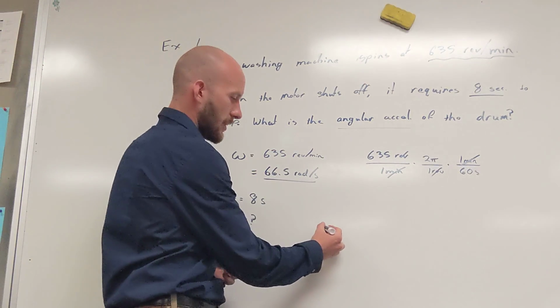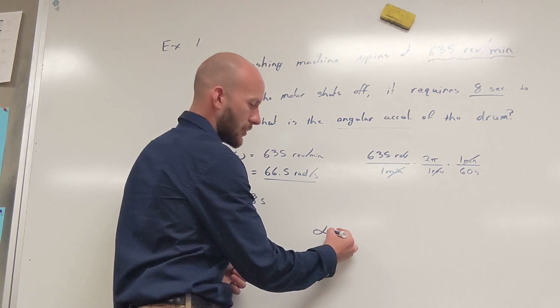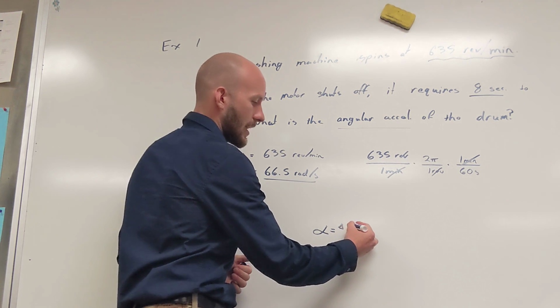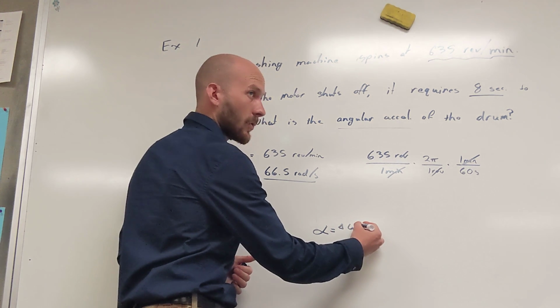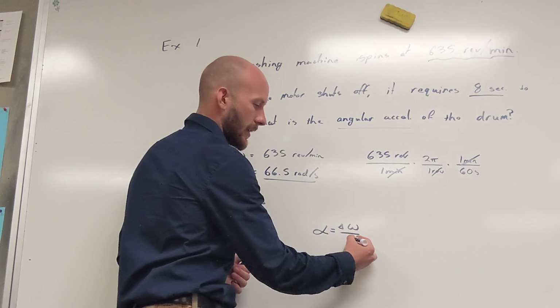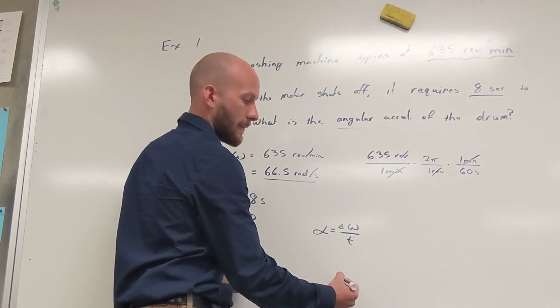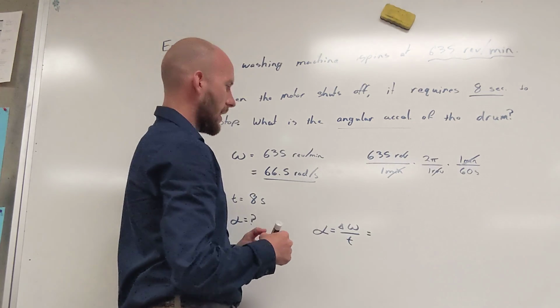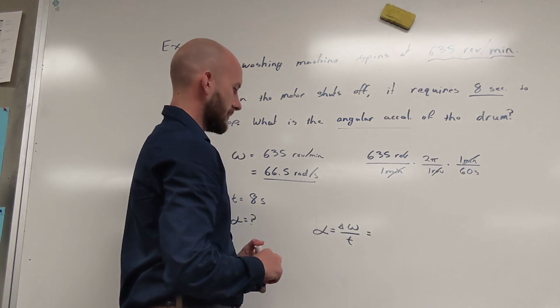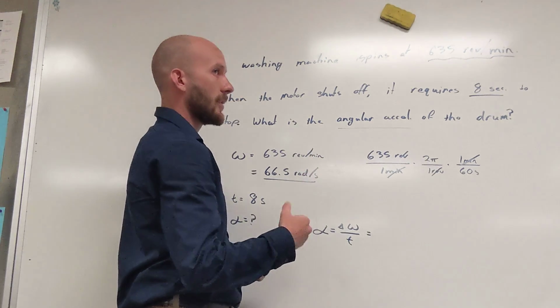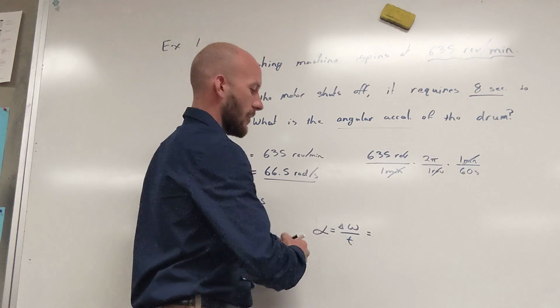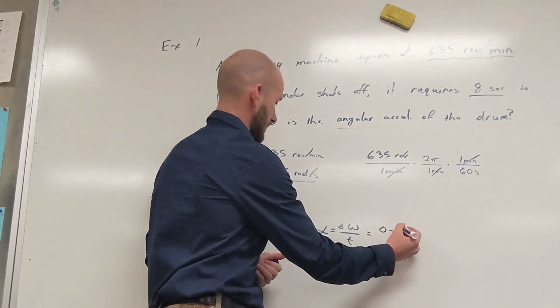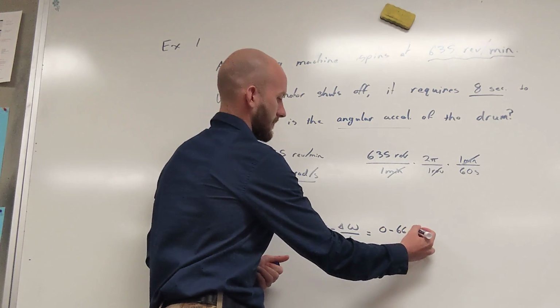So your angular acceleration is equal to the change in angular velocity divided by your time interval. Okay? So what is the change in angular velocity? It's slowing down, so your final is 0. So negative 66.5. Yes.